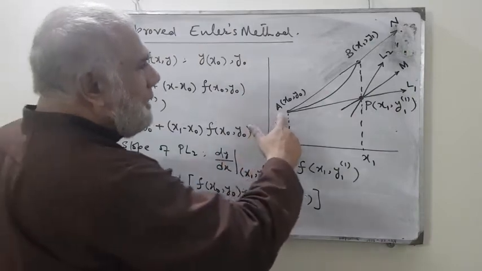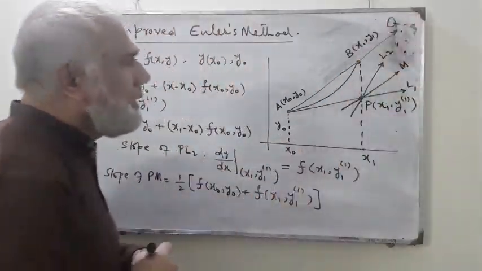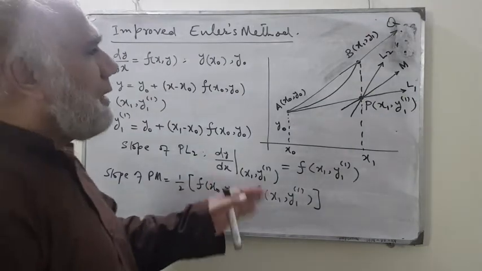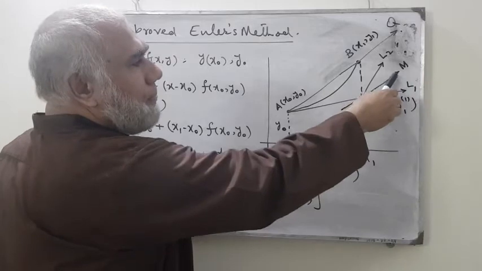So A, B, and we take it ABQ. ABQ is the line which is parallel to PM.